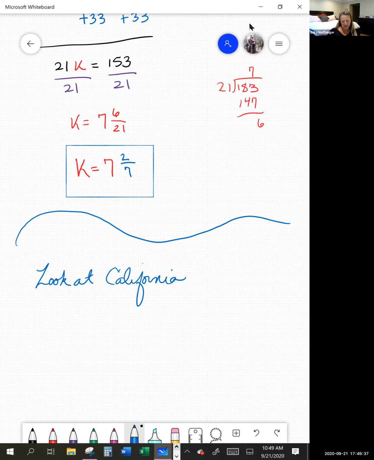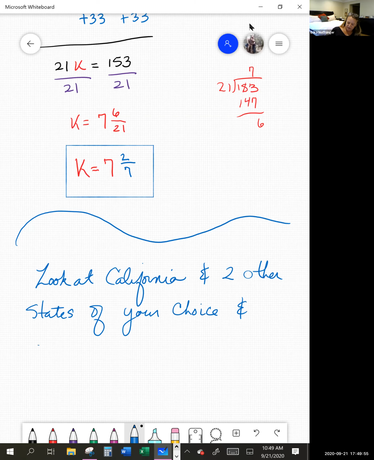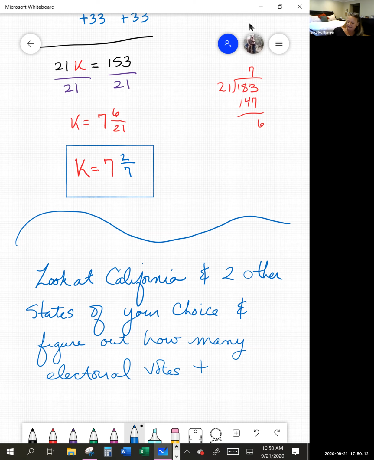Look at California and 2 other states of your choice, and figure out how many electoral votes those states should have.